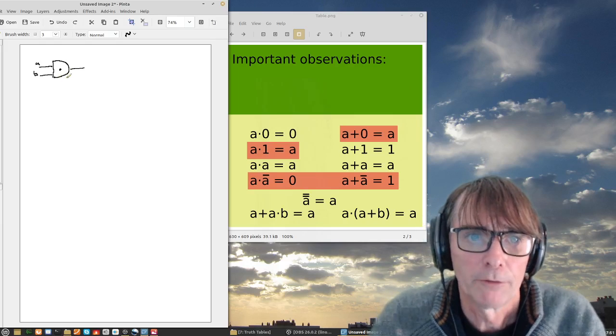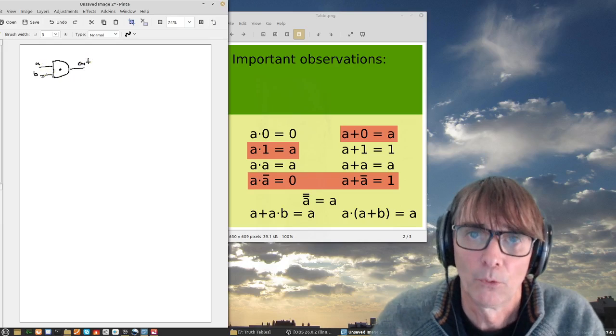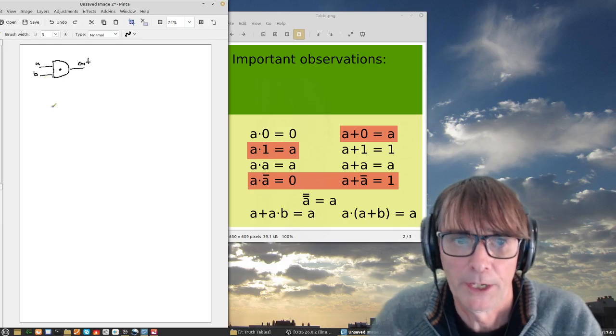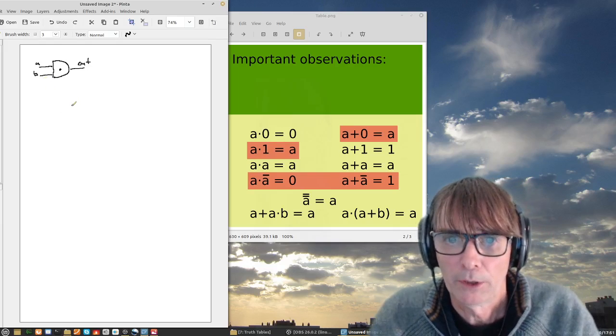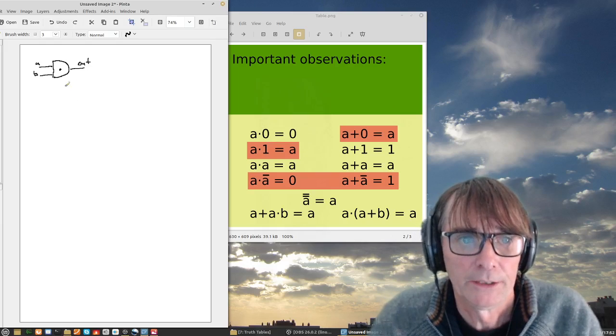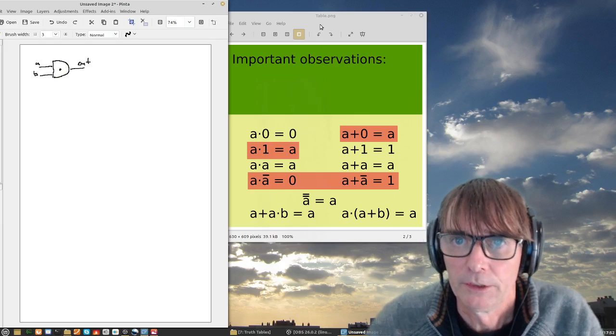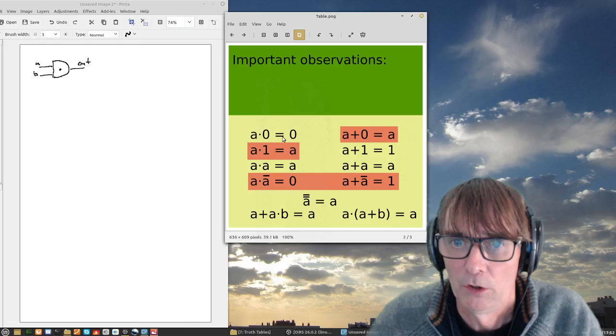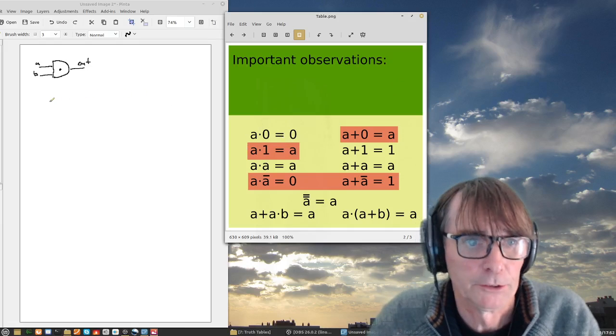What we have to do is describe what the output is for all combinations of the two inputs A and B. So let's do this for our standard fundamental gate, which is the AND gate. We can actually derive this on the basis of these basic observations.